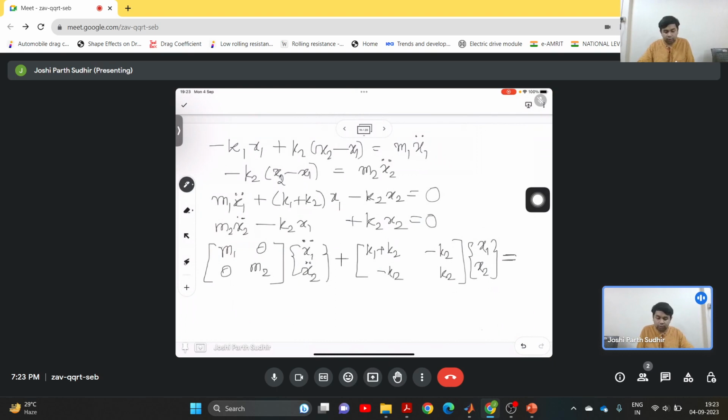So we were basically trying to solve this equation in matrix form. First we have written down these two sets of differential equations in matrix form.